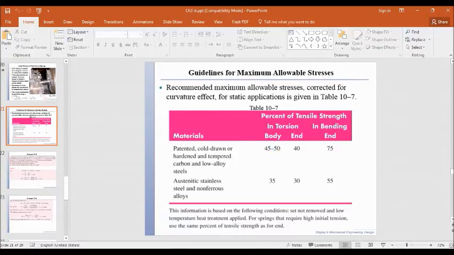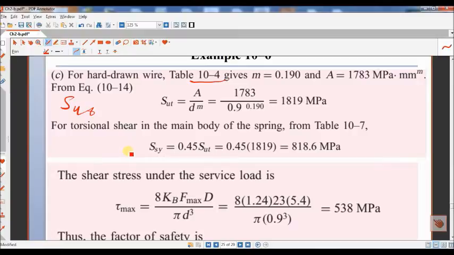So as we had for the compression spring, we can say that the yield strength is 45% of ultimate strength. So 45% of 1819 megapascal equals 818.6 megapascal. So this is the torsional yield strength of the body.